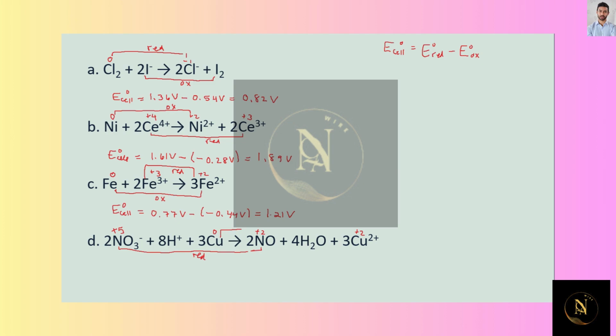So copper is losing electrons in that case. So that's my oxidation reaction. So my E cell is going to be equal to the reduction reaction, which is the nitrate reaction to NO. Again, you can even find that on your potential list. And that's going to be 0.96 volts minus the oxidation, which is the copper to copper-2+ of 0.34 volts for a total of 0.62 volts. And that's the end of that question.